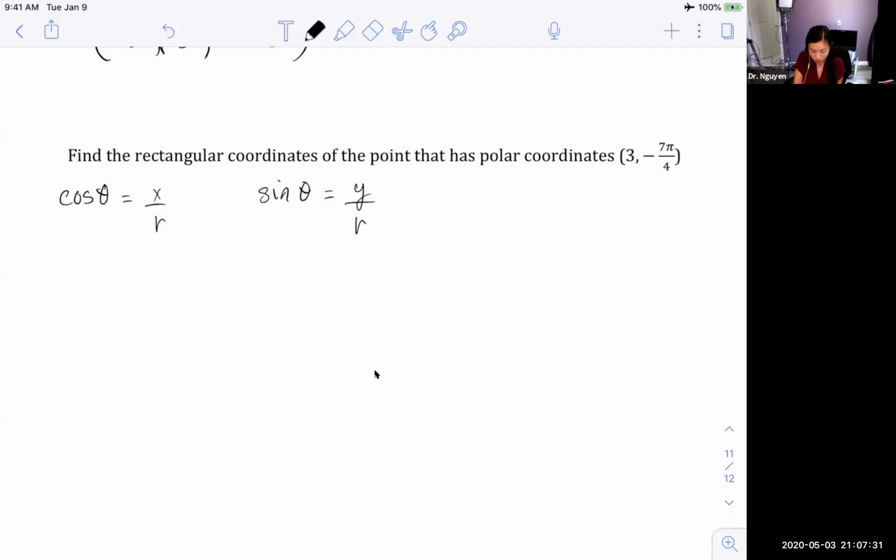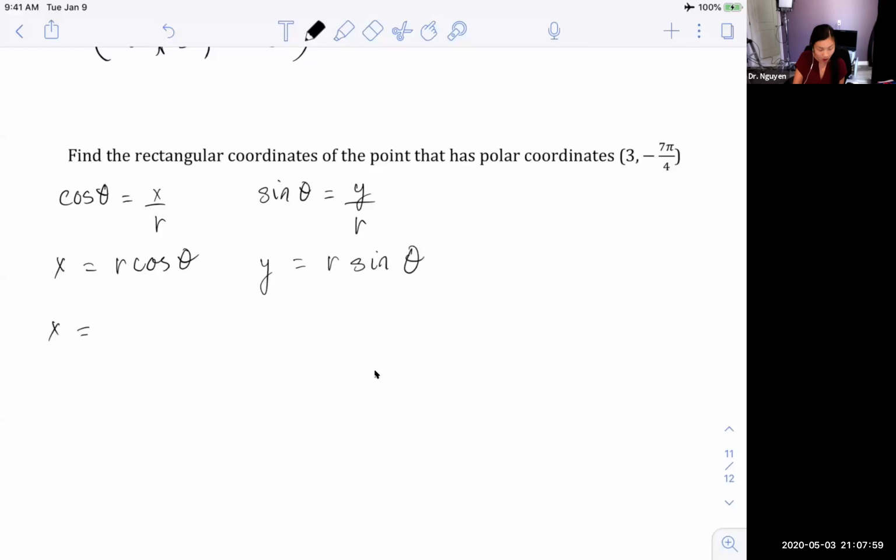So from there, we know that x is going to be r cosine of theta, and y is going to be r sine of theta. We just use these two equations and plug it in, right?